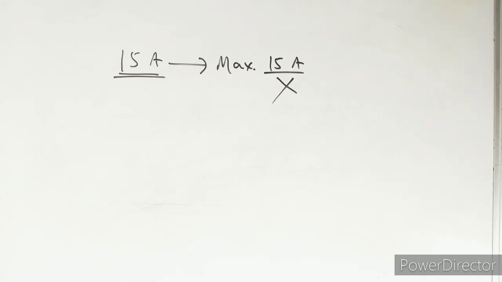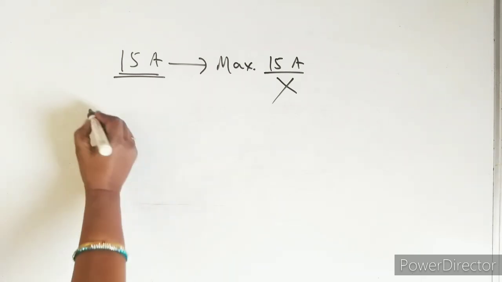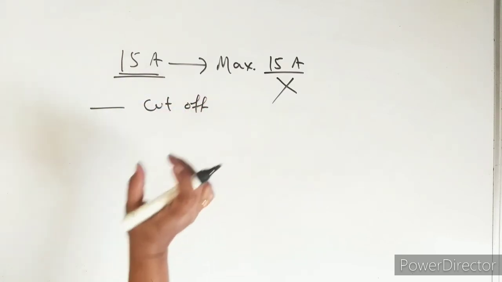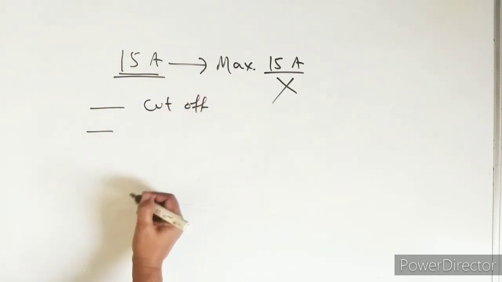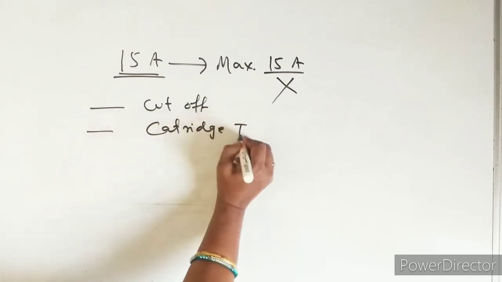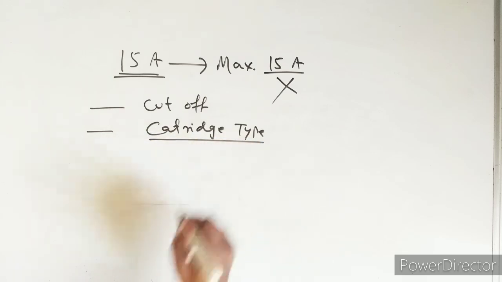Okay, and there are different types of fuse. One is the cut-off type fuse, which we have to take out, and another is the cartridge type. This cartridge type fuse is usually found in all these appliances.